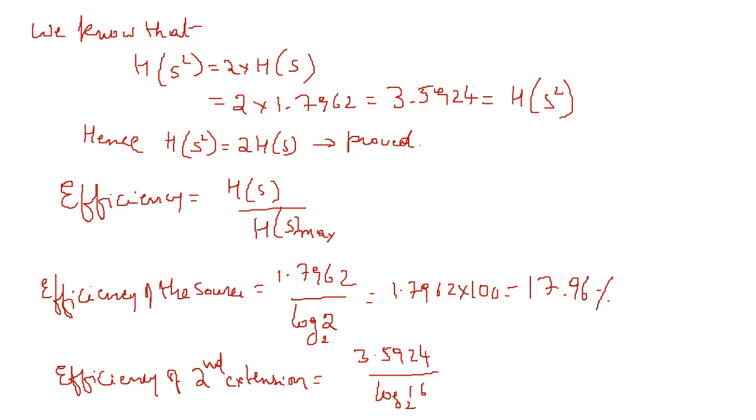So we substitute q as 16 for H of S max, and we get this value as 89.8%. So if you see here, the efficiency of the second order extension is greater than the efficiency of the source. So we increase the order of the source in order to improve the efficiency of the given source.